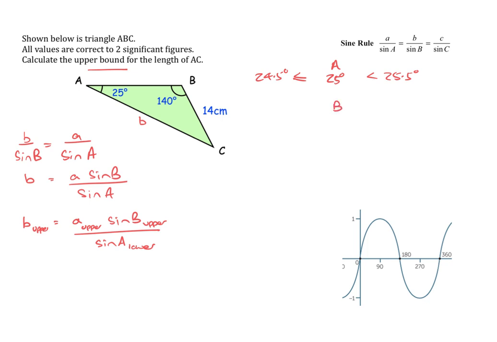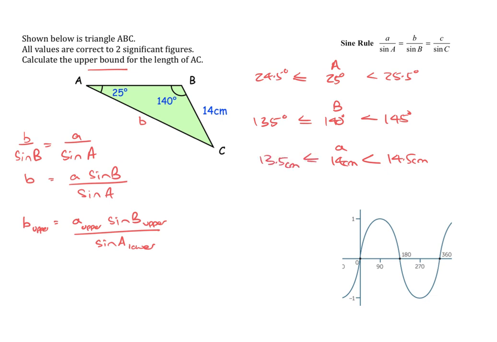Angle B is 140 degrees, again to two significant figures, so the upper bound will be 145 and the lower bound 135. And then for the side a, which is 14 centimeters, the upper bound will be 14.5 centimeters and the lower bound will be 13.5 centimeters.